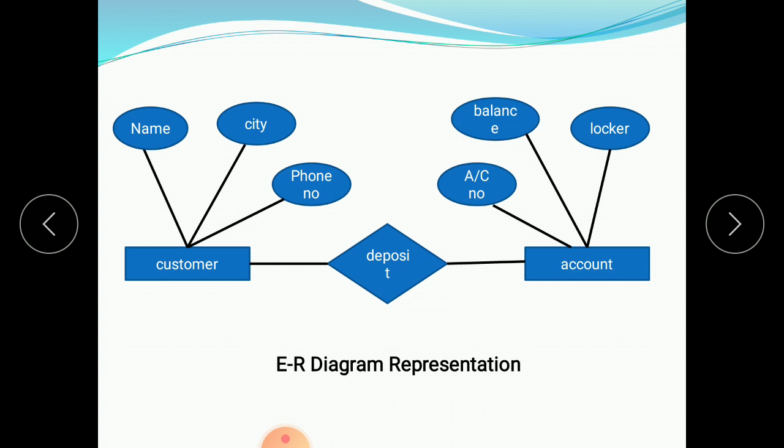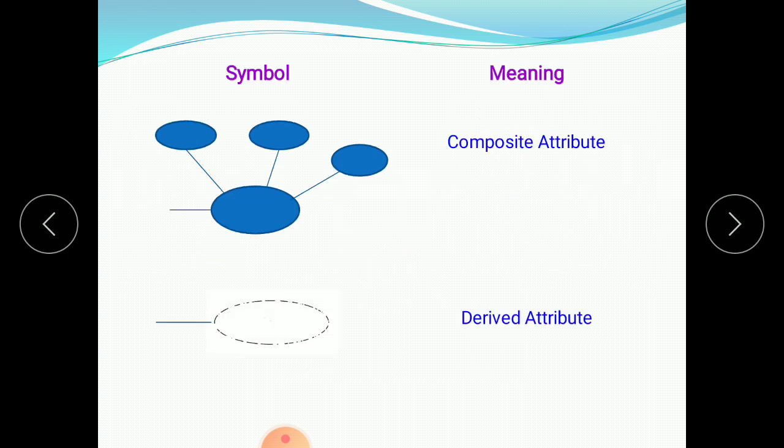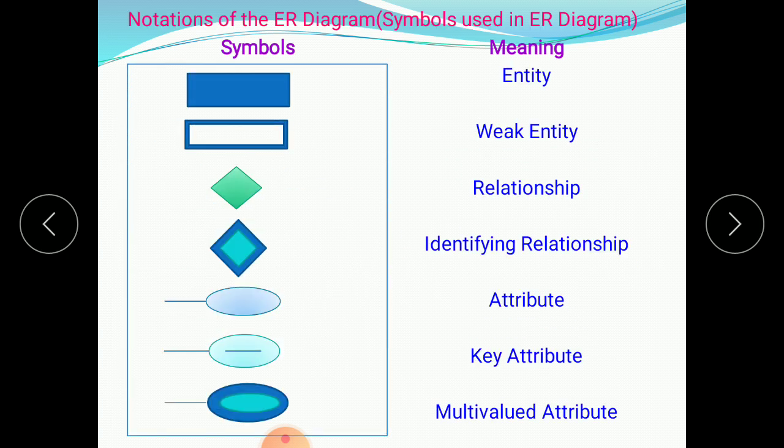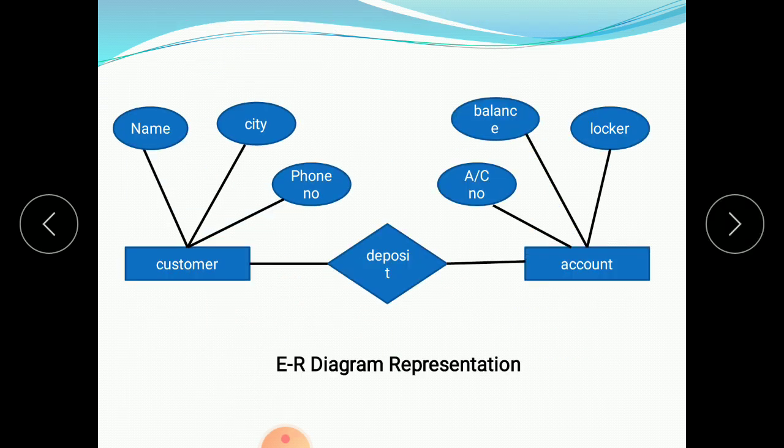Deposit is the relation between the customer and account entity. What are the attributes of customer? To show attributes, this is the diagram, so we have used attribute symbols here. These are the attributes of the customer entity.